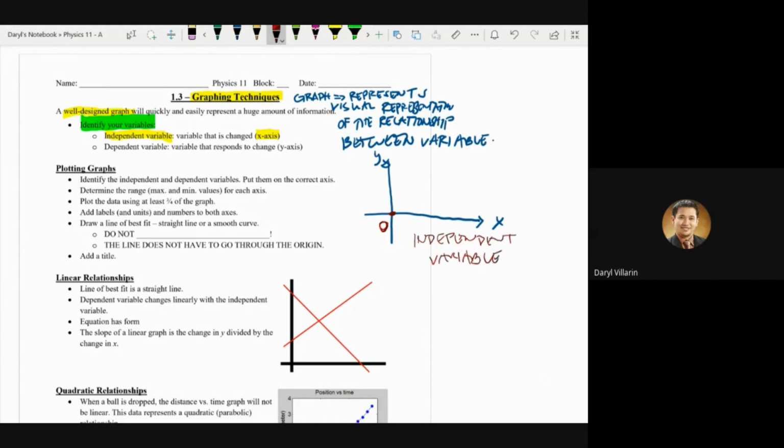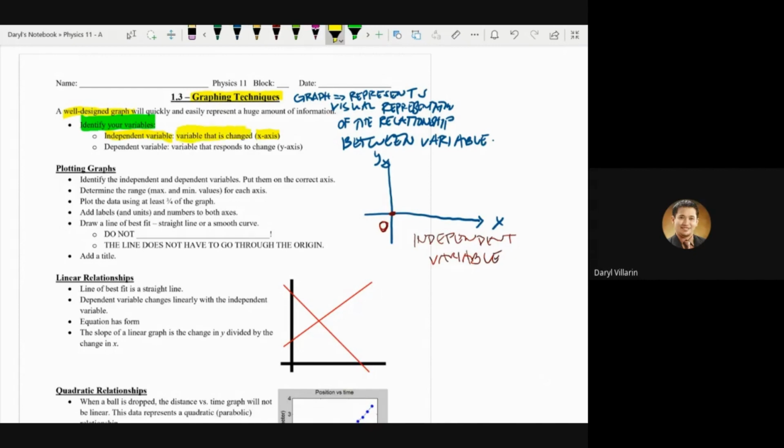If you are asked how you would know in a particular experiment that a quantity is your independent variable, the independent variable is the variable that is changed in the experiment.